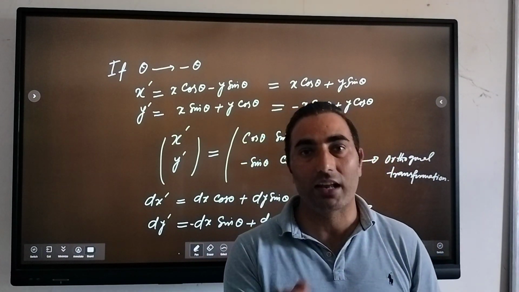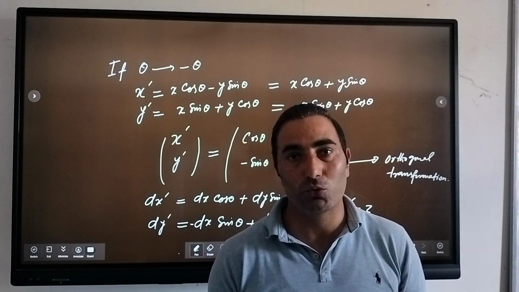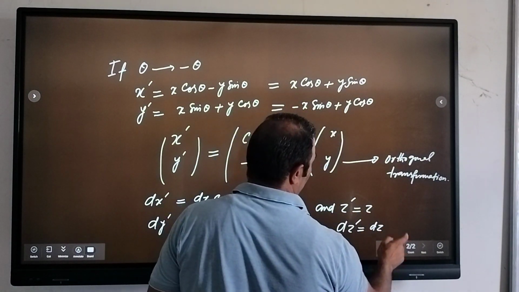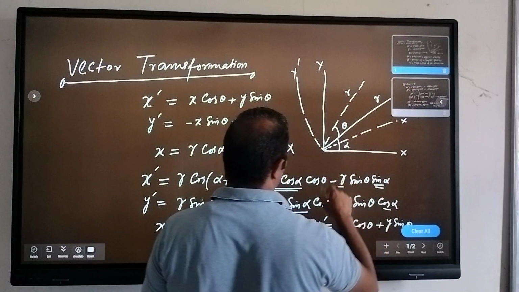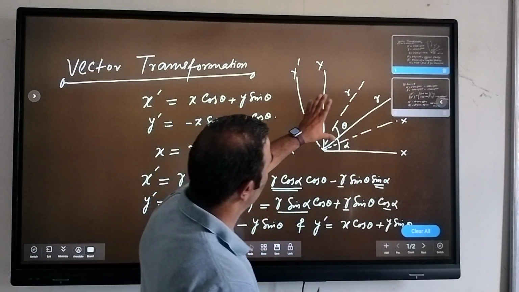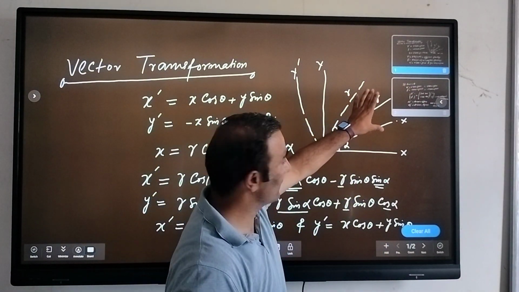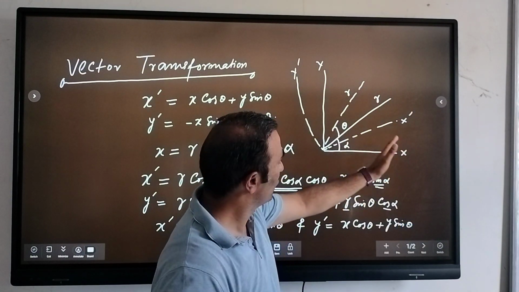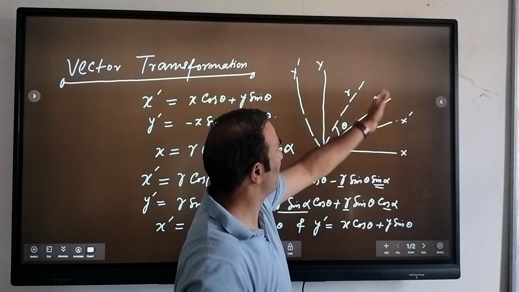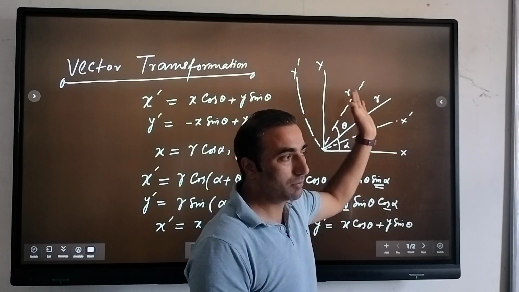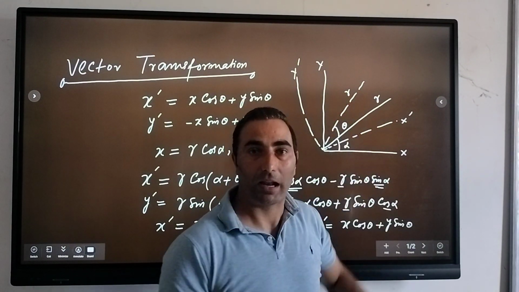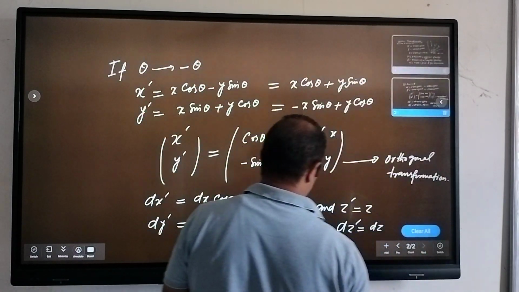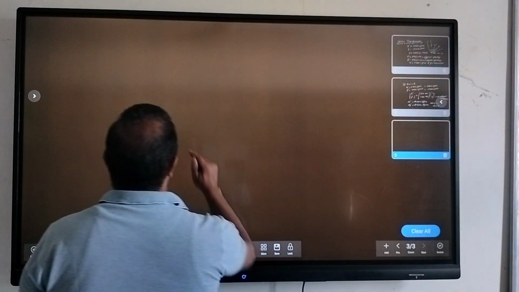So the square of the length in the unprimed frame should be equal to the square of the distance between the two points in the primed frame of reference, right? So I can write them.